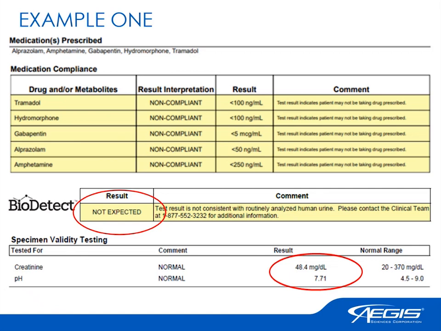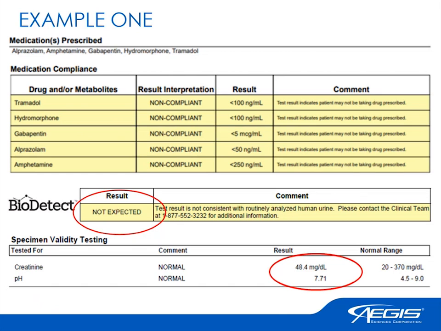And then you see more of your standard specimen validity testing, and I've highlighted these here with the red circle to indicate the creatinine and the pH are normal. This result was in a pain management setting and reflects non-adherence with prescribed medications.